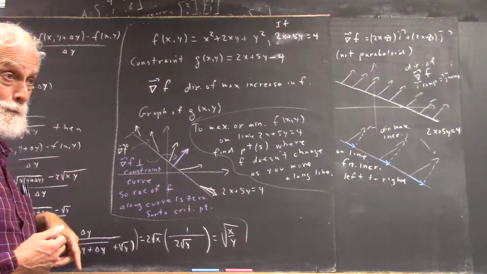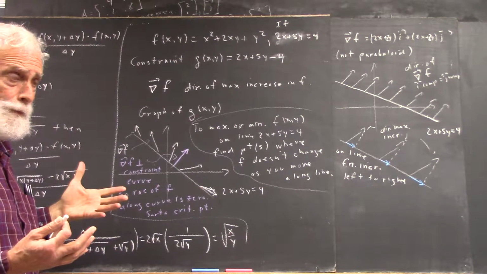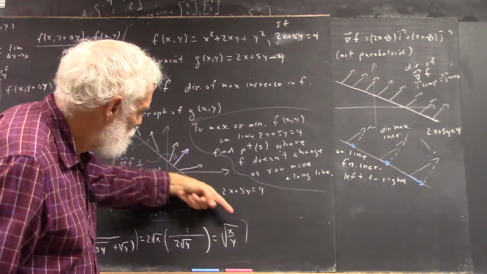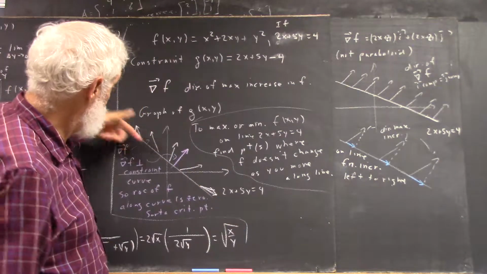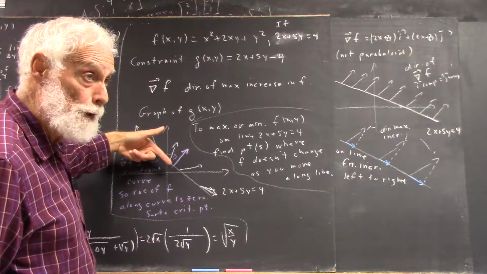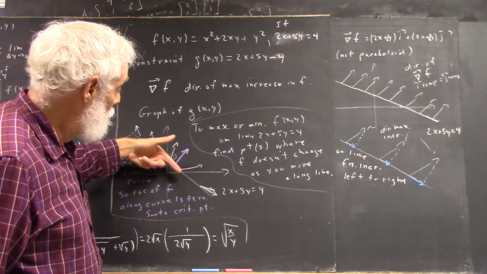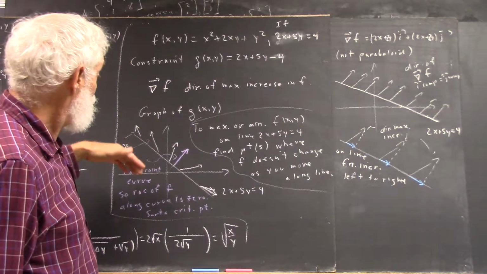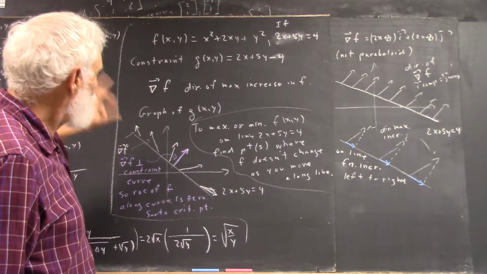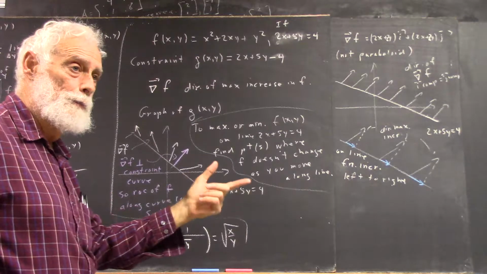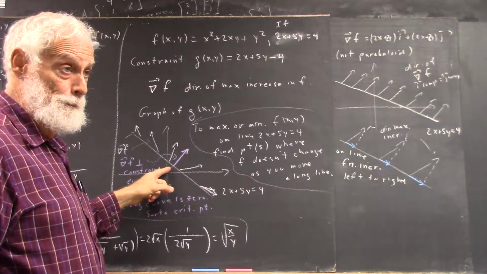Does that make sense? And then from here to here, the gradient has a component that is in this direction. So the gradient has a component opposite motion left to right along the curve, then a positive component left to right. Meaning that the function would be decreasing from here to here and increasing from here to here, and there would be a minimum.